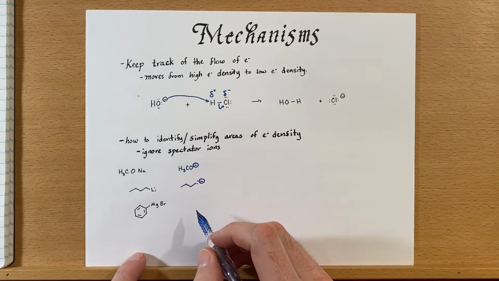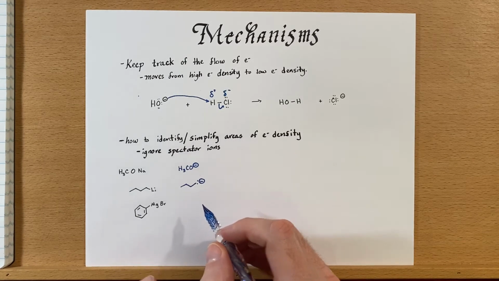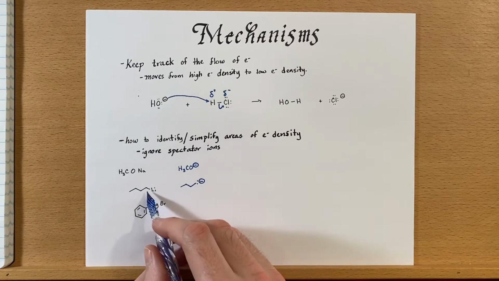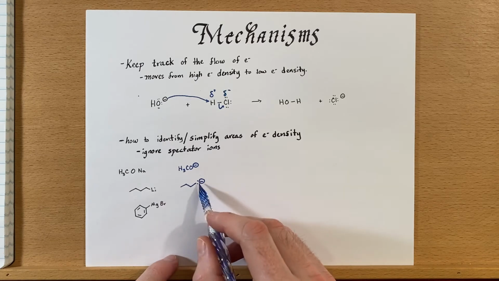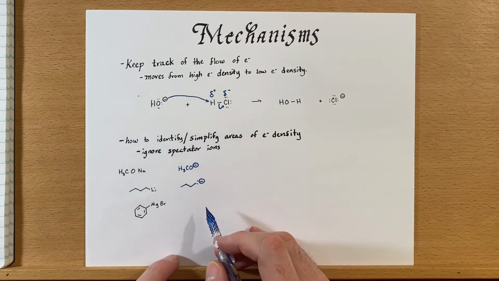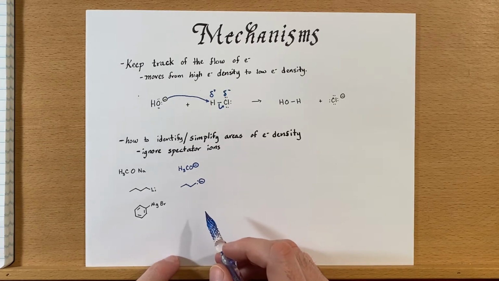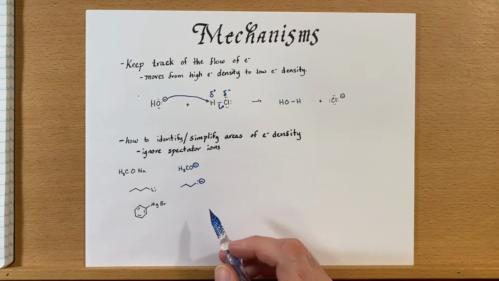And that can have important synthetic applications. Anyway, we've simplified this to indicate that there's a lone pair left on that carbon and a negative charge as the result. This is a little easier to draw in mechanisms, and it can explain some of the reactivity.